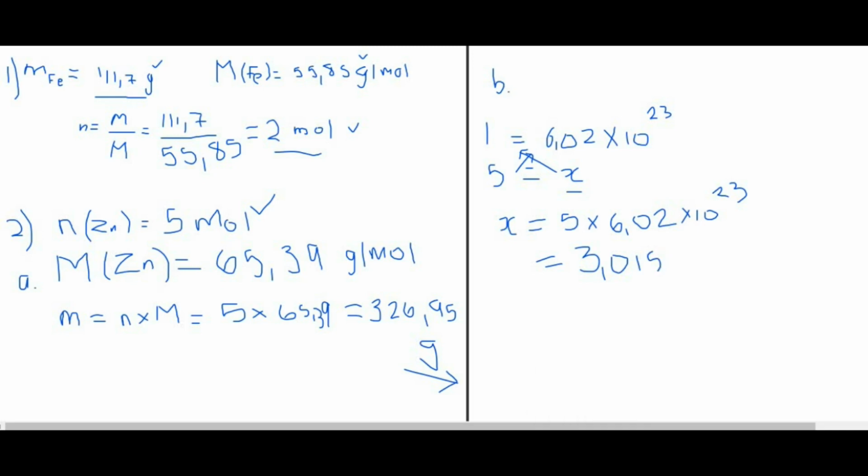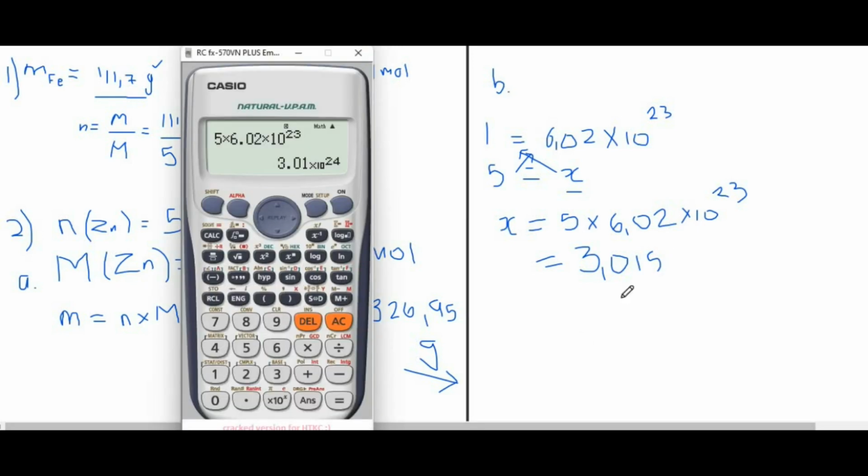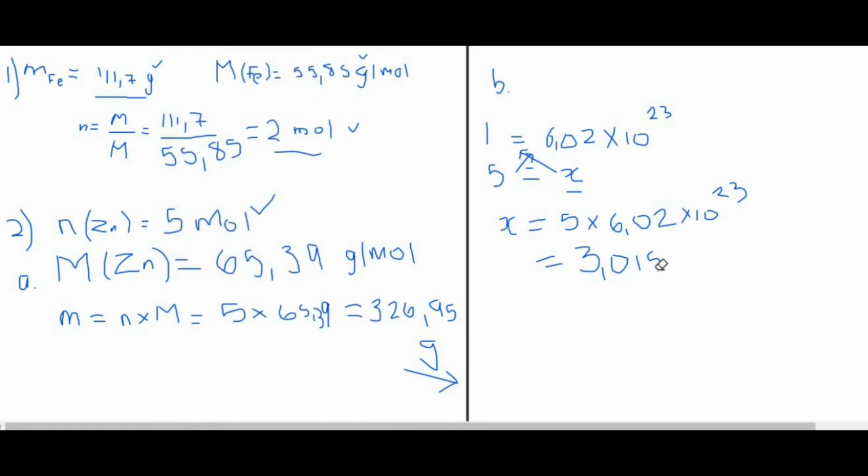It depends how many decimal places you are required to write. 3.01 multiplied by 10 to the power of 24.